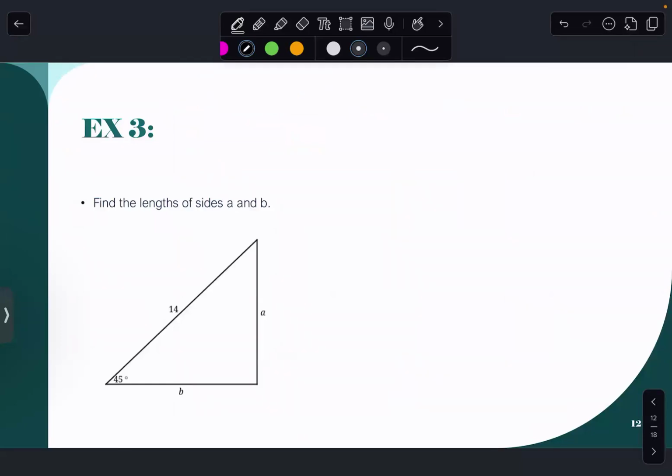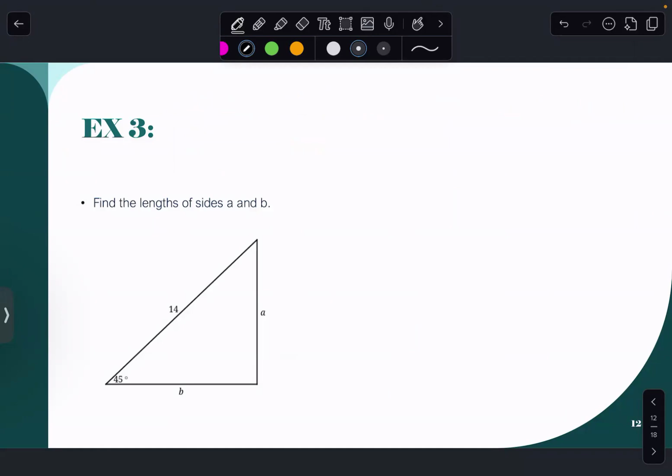So now let's find the lengths of sides A and B on this triangle, just using what we know. We have 14, and we know that this is a 45-degree angle, and we're asked to find the rest of it. So what do we know? What do you guys remember?